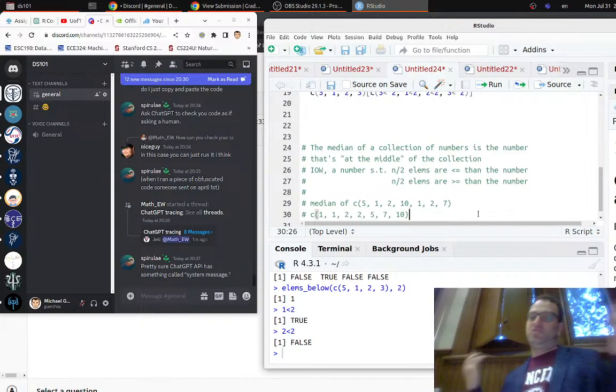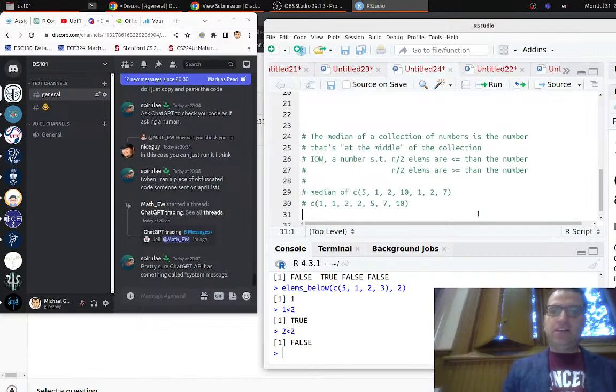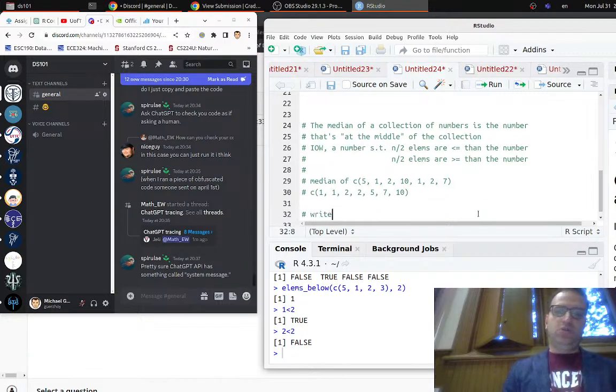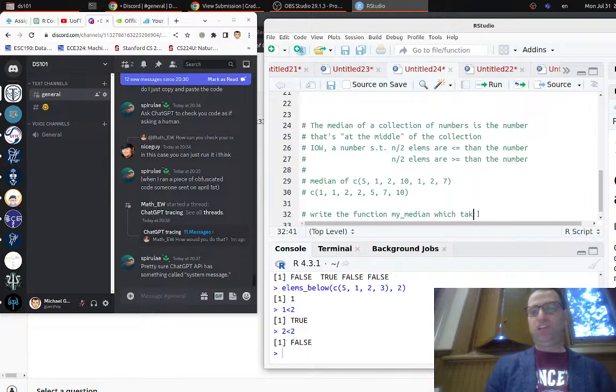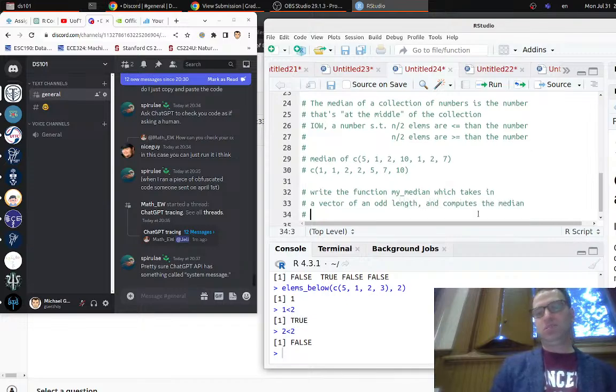So the median, if you're thinking about the median mark in a class, it would be the mark that the person who's in the middle of the class got, right? So half the students got less and half the students got more. So you want to write the function my median, which takes in a vector of an odd length and computes the median of the vector.